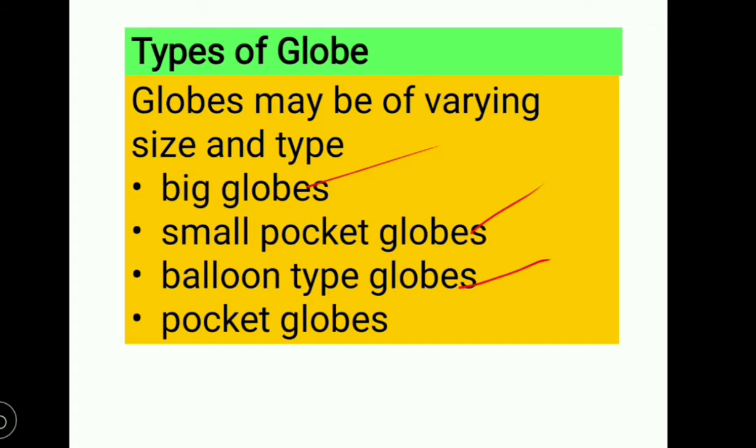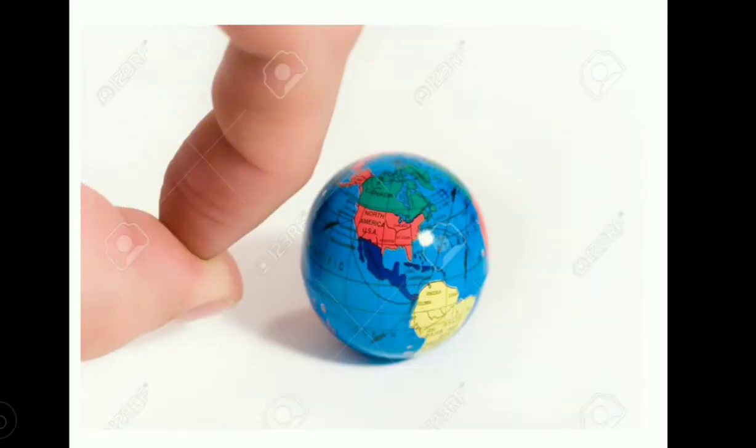The globe is not fixed, it can be rotated the same way as a top spins or a potter's wheel is rotated. So our globe is not fixed, it is rotating because we have a needle inside our globe. So these are some types of the globe.